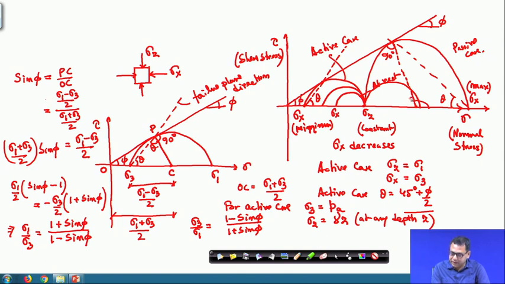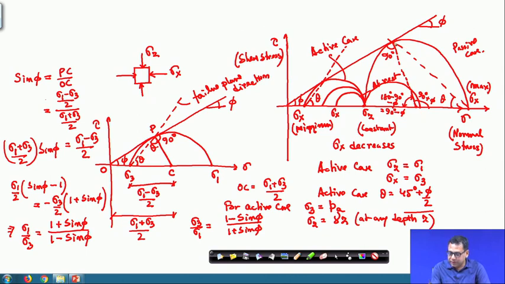So, this angle is 180 degree minus 90 degree minus phi. So, this angle is 90 minus phi. Okay. So, this angle will be 90 plus phi.